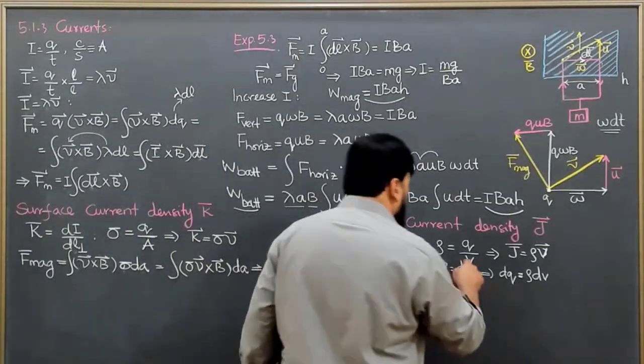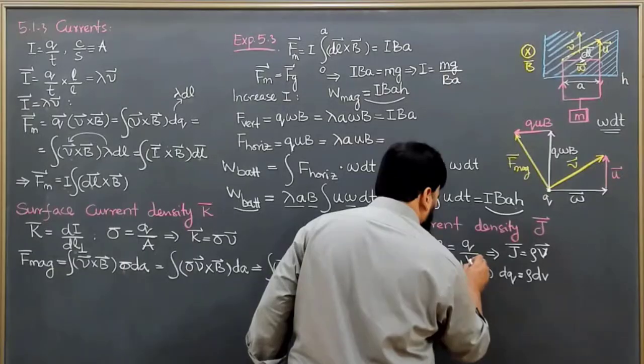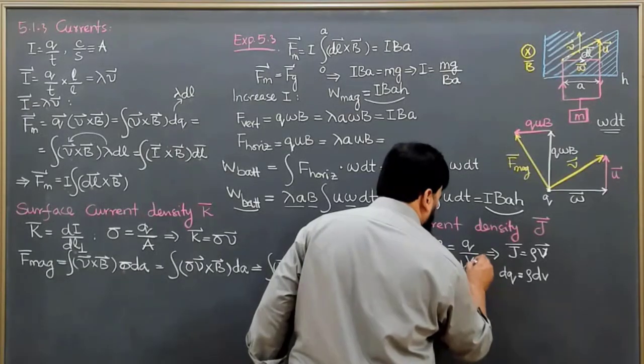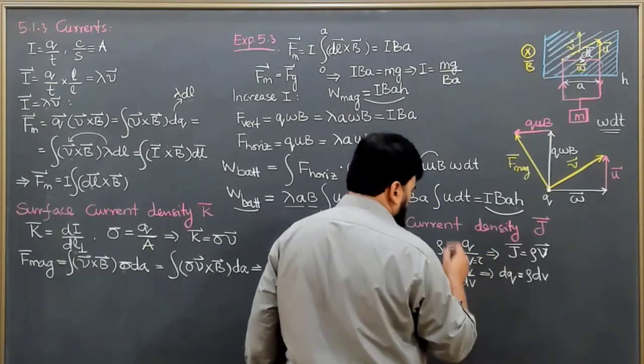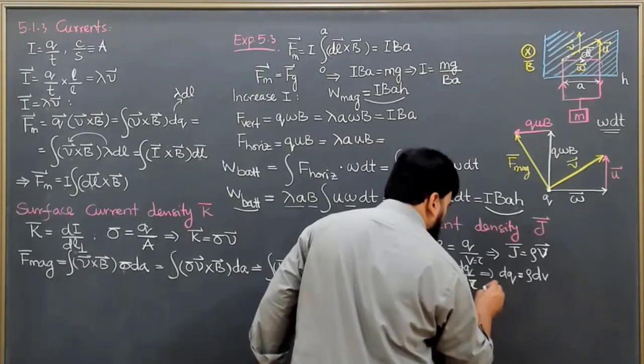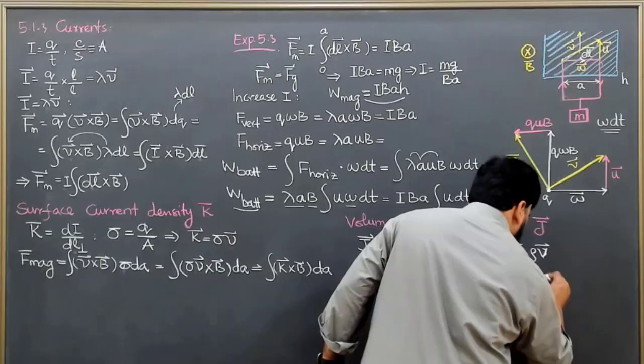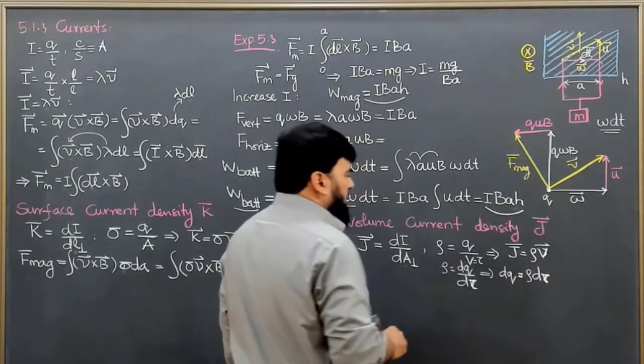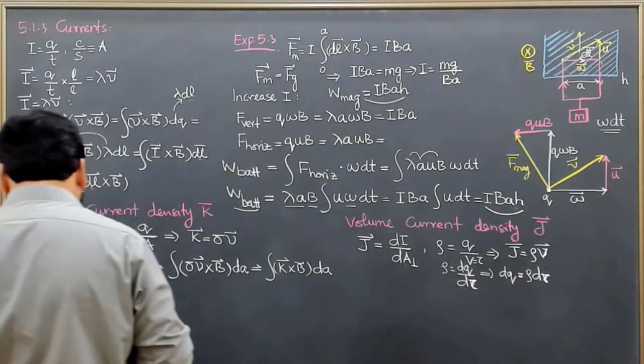Better we write d tau for the volume element, so this will be rho d tau.